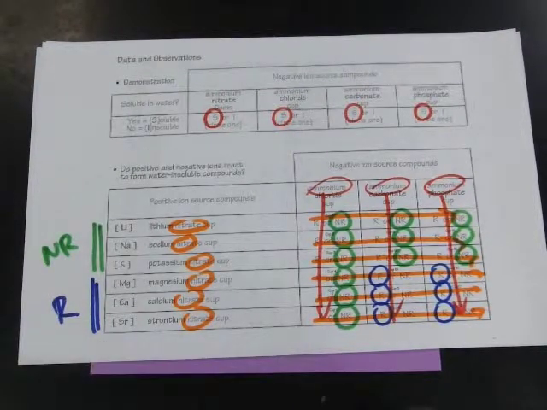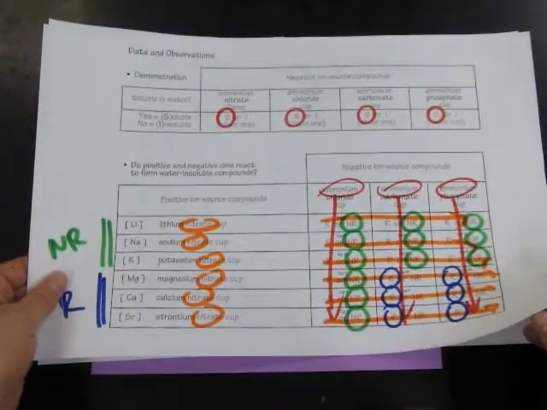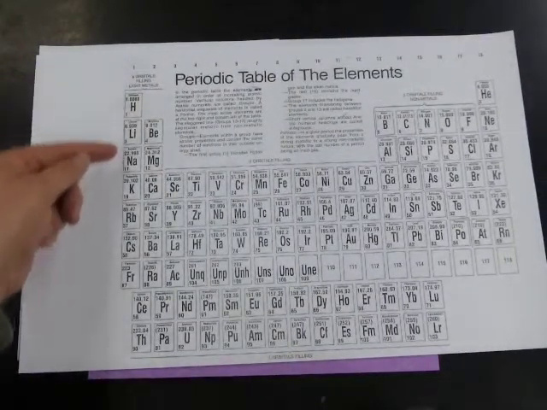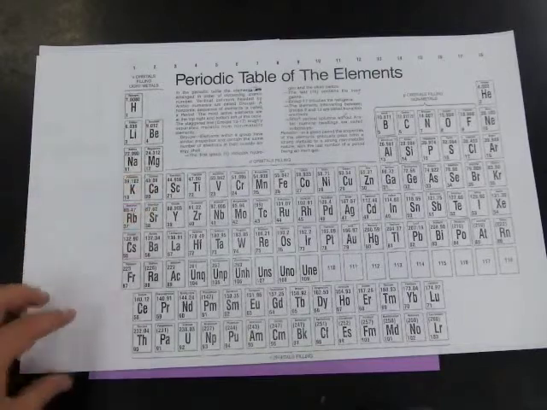And the other three, magnesium, calcium, and strontium, they can be grouped into the elements that did react. Now let's look at where those are on the periodic table. So those elements are over on this side of the periodic table: lithium, sodium, potassium, magnesium, calcium, and strontium.